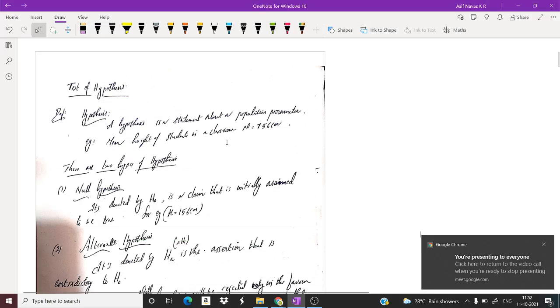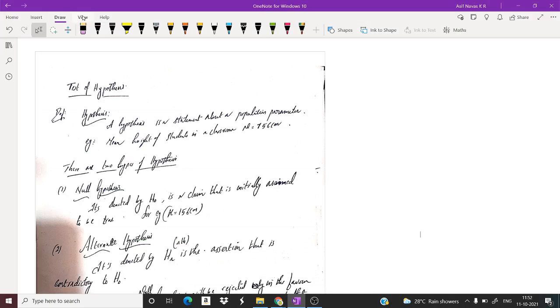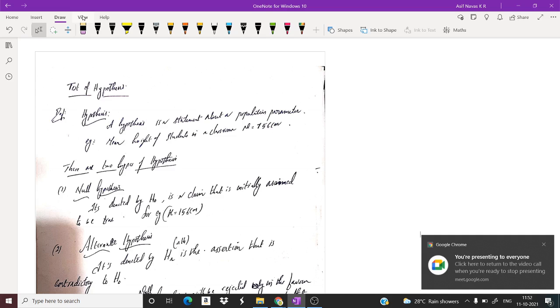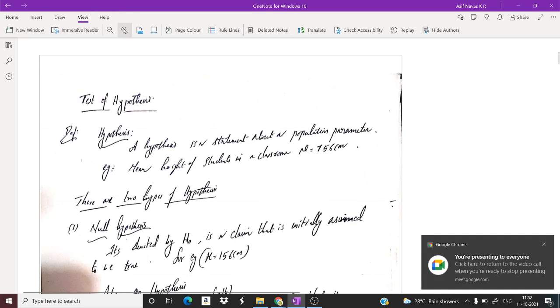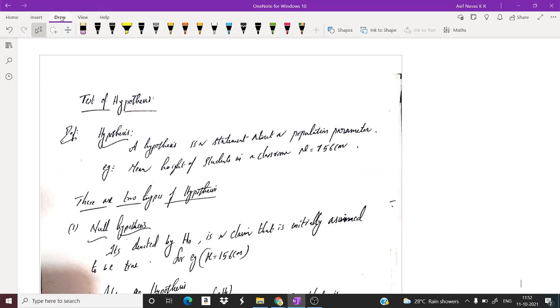Okay, so let me define what is hypothesis. Testing of hypothesis. A hypothesis is a statement about a population parameter.